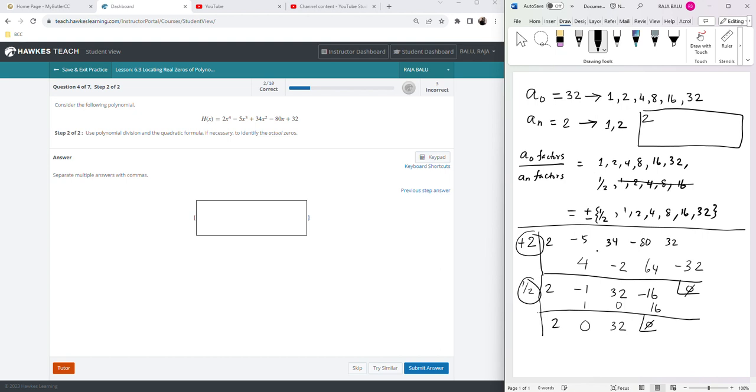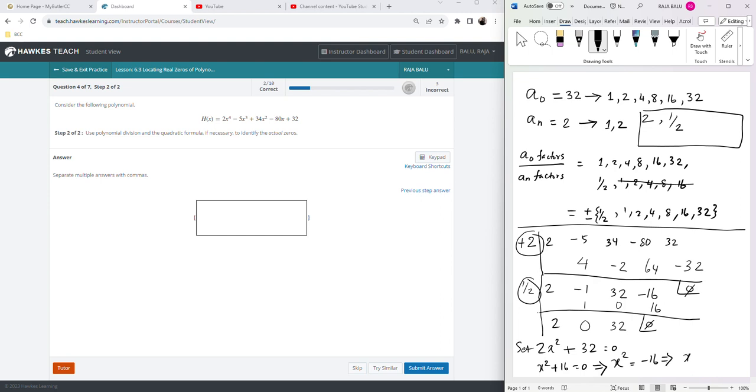So 1/2 worked. So here we have 2 values that worked. And now we have 2x squared plus 32. Now if I set it to 0, I get x squared plus 16 equal to 0. We know from our discussions before in quadratics, x squared is negative 16.